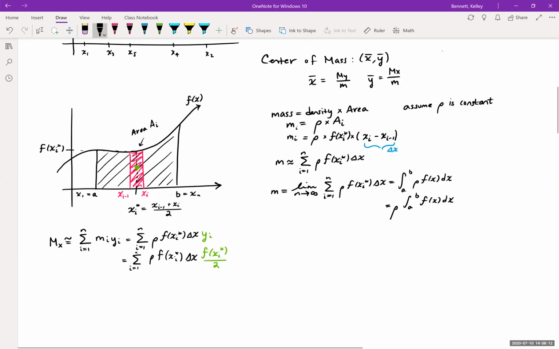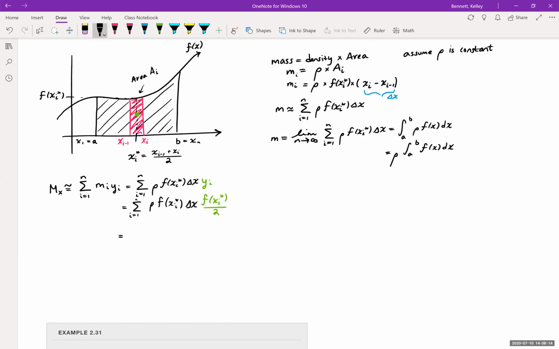So now if I put this together, I should get the sum from i equals 1 to n of rho times f of xi star squared over 2 times delta x. Then if I want to be exact, I use the limiting process.